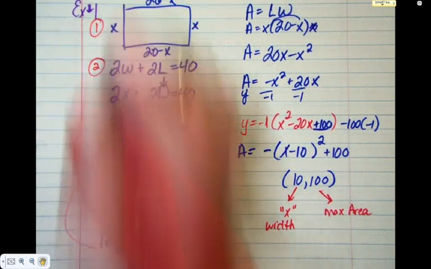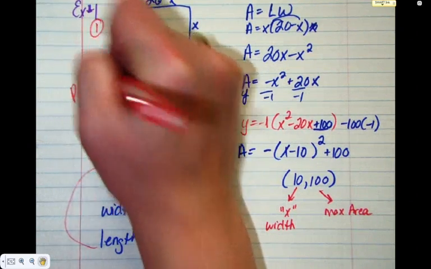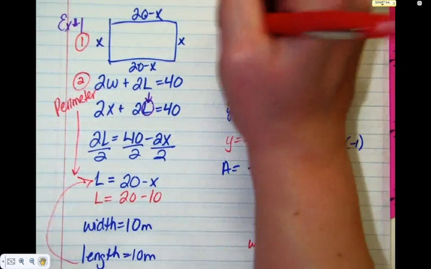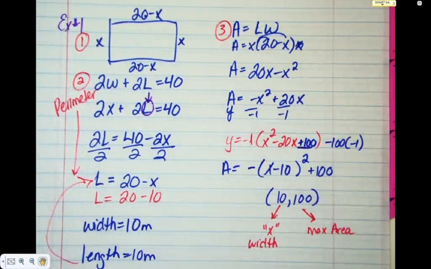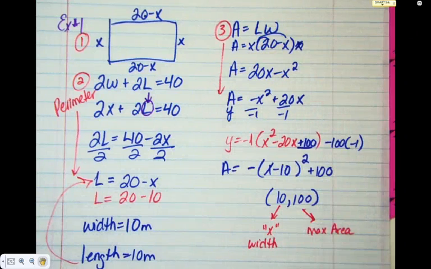Step 2 is you're going to use an expression for the perimeter, because that's really what this is, to isolate the other variable. Step 3 is finding an expression for the area. And really down to here, I've just simplified it.